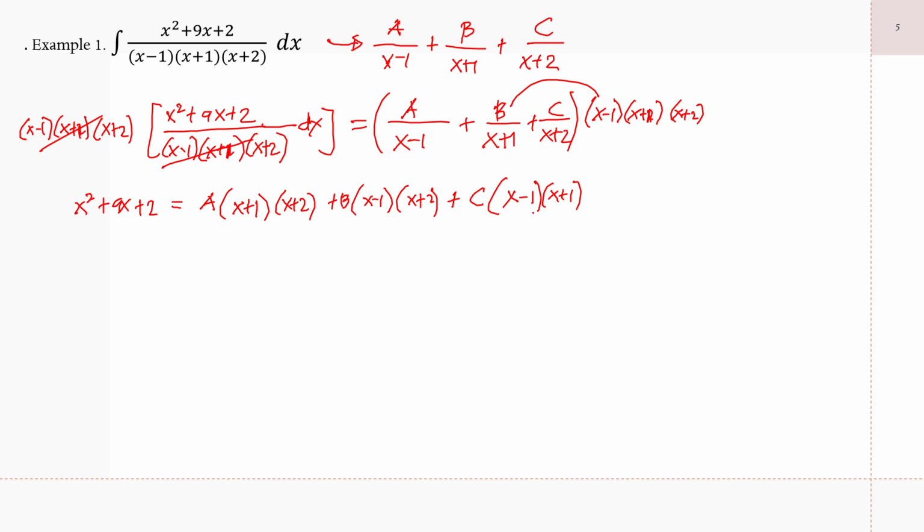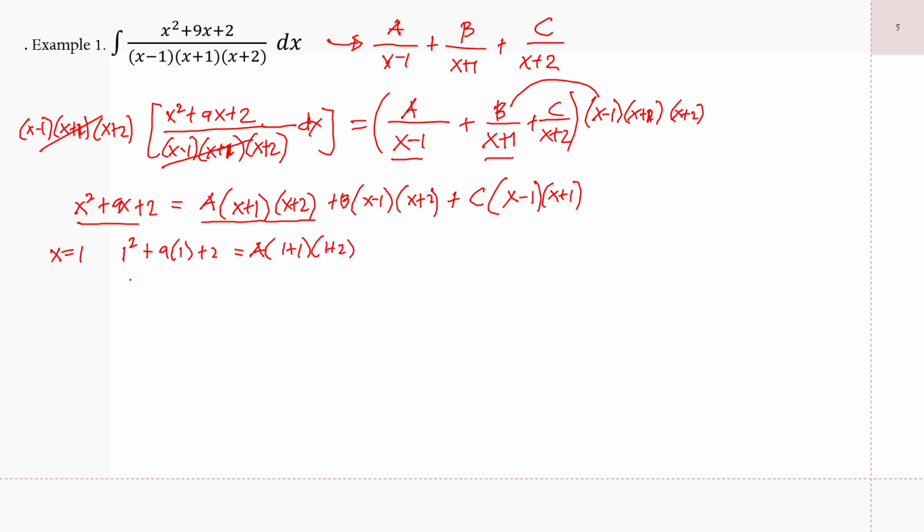Okay, next we are going to assign values for x. The first case is x equal to 1, which makes the other factors 0. We substitute the value: 1 squared plus 9 times 1 plus 2 is equal to A times (1 plus 1)(1 plus 2).